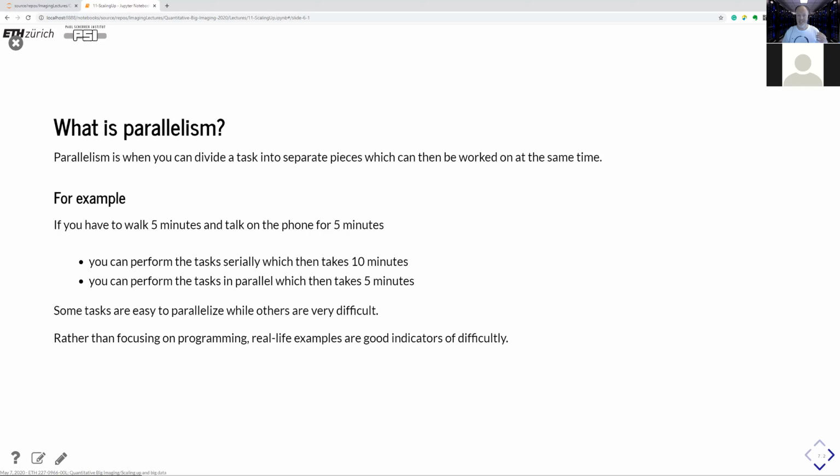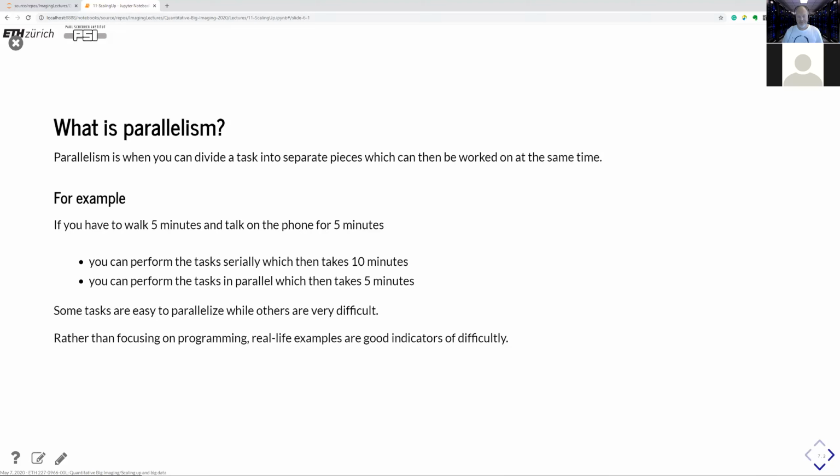Sometimes that makes sense, but you can also do them in parallel. Most people are actually able to walk and talk. That will save you 5 minutes. So some tasks like this one are very easy to parallelize. Other ones are very difficult.